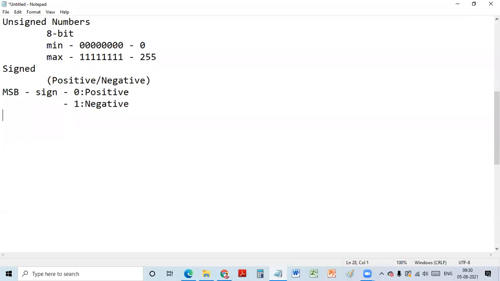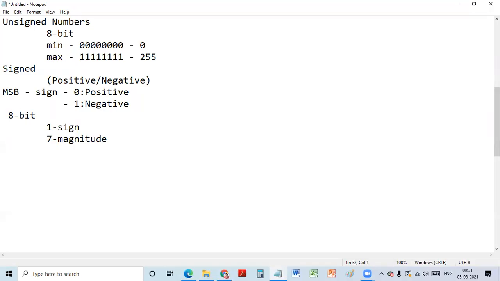If I take the same 8-bit size, 1 bit is dedicated to the sign bit, and the remaining 7 bits are available to represent the magnitude. So the range, the minimum and maximum values that we can represent, is obviously different. It is not just 0 to 255, right?